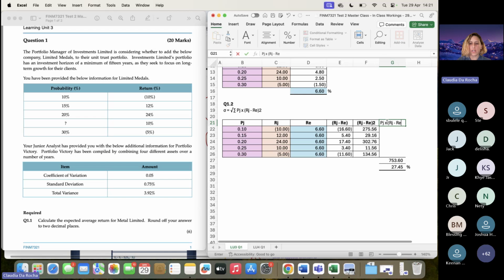Minus RE to the power of 2. Yep, because that's the whole point. There we go. Much better. Thank you very much for that. Yes, that looks better. Good.